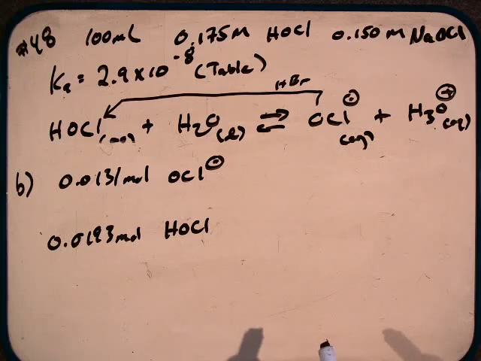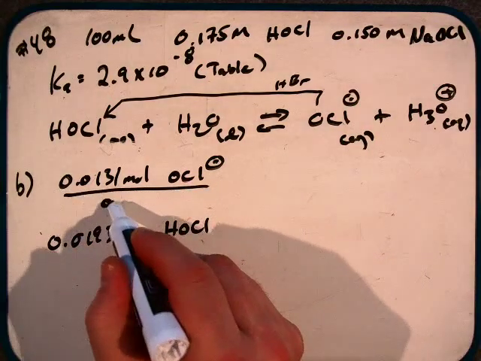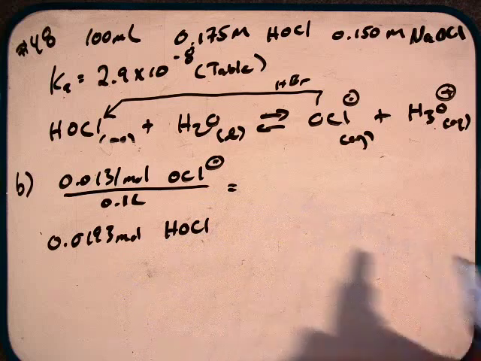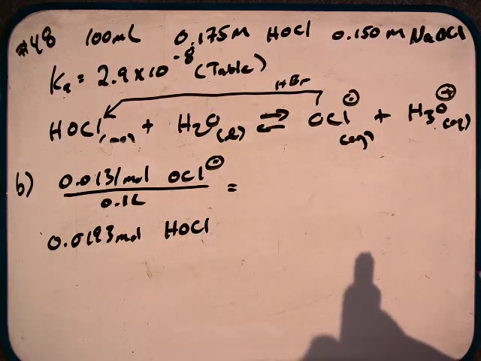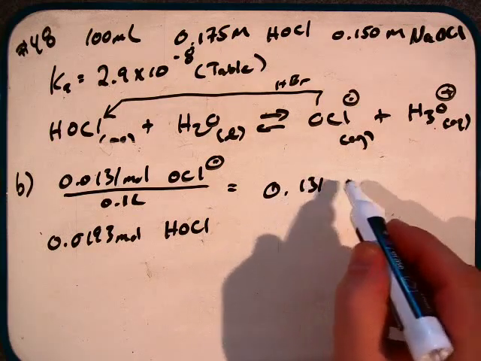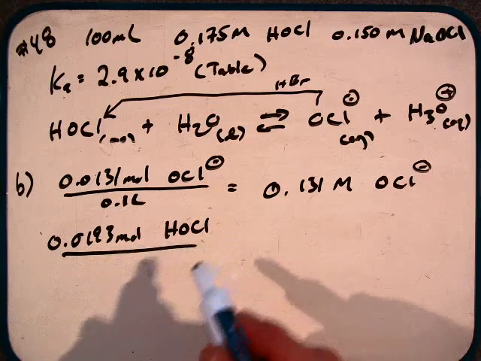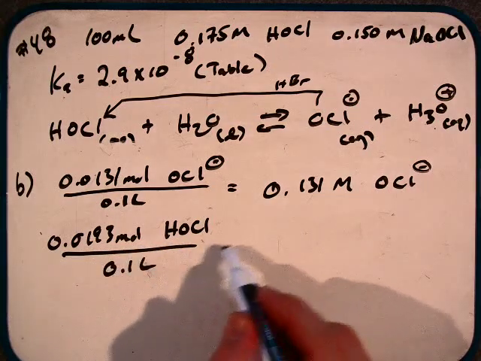Now that we have the new mole values, we can convert those into concentration by dividing by the volume, the 0.1 liters. And so we're going to do that for both of them.